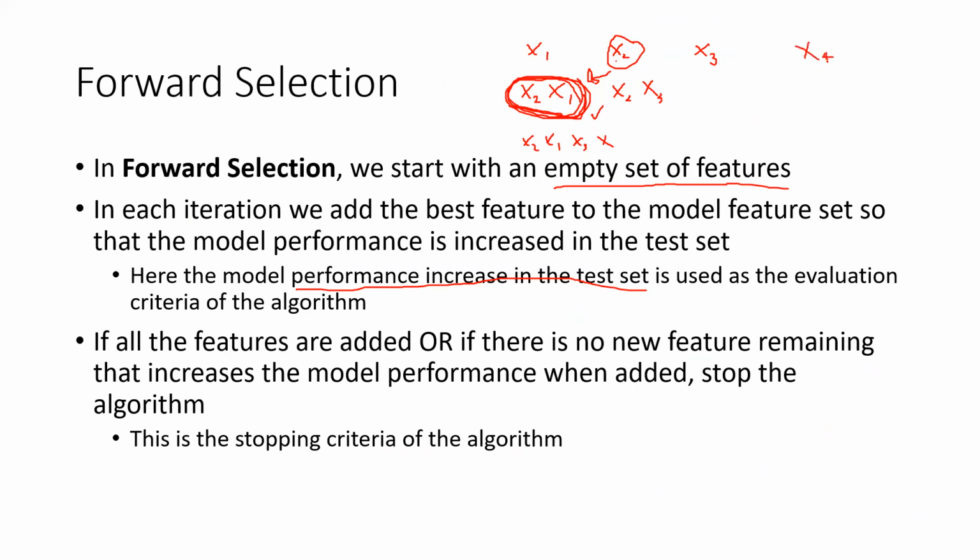Just take it like this. So now what happens is, we start with x1, x2, x3, and x4 individually. Right? Then we select that x2 is better, right? So we select x2, then we move into x2 with x1, x2 with x3, x2 with x4, and so on.